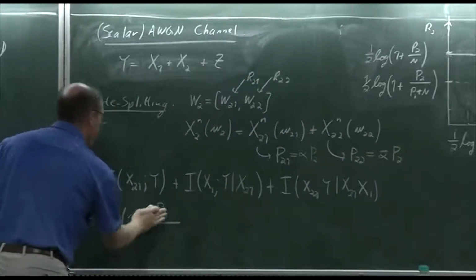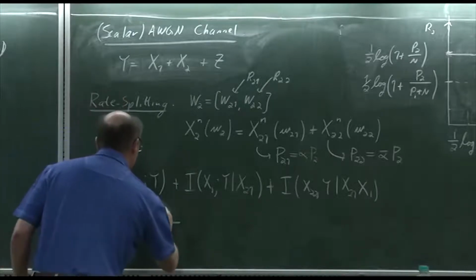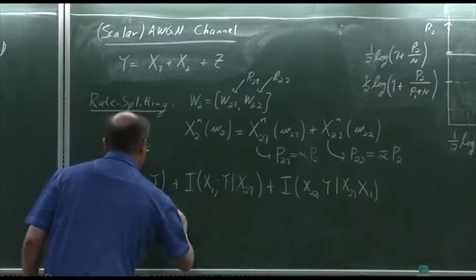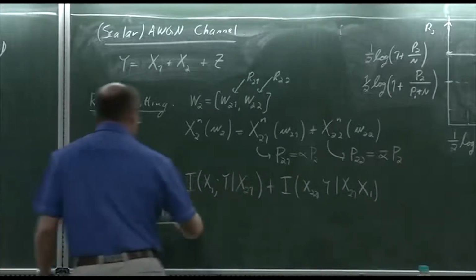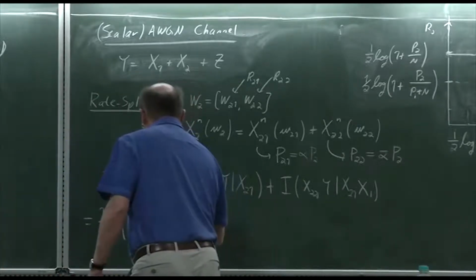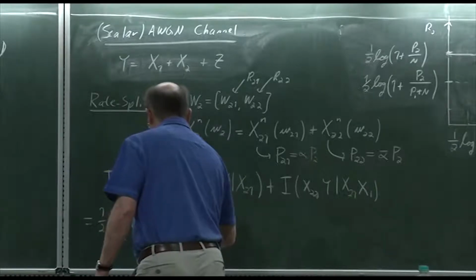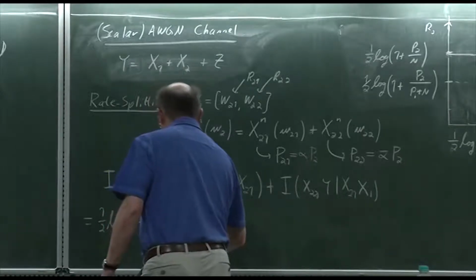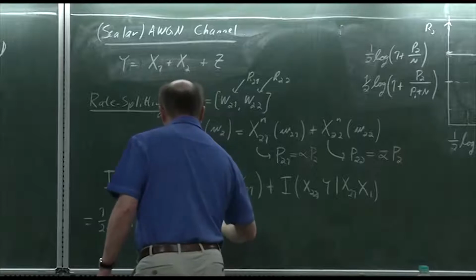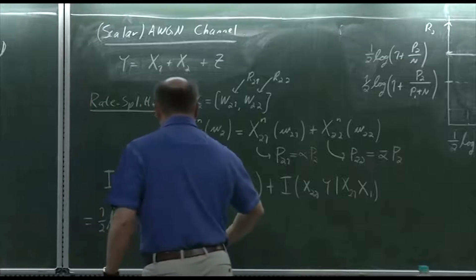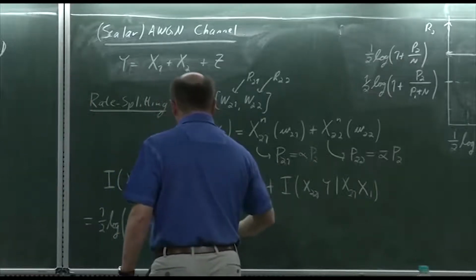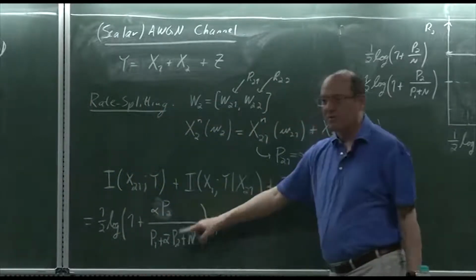Then that way I can have one parameter only, alpha P2. And what's the interference plus noise? Well, it's going to be P1 plus alpha bar P2 plus 1 if the noise variance is 1, or plus n if we're using n. Right? Signal to interference plus noise ratio.